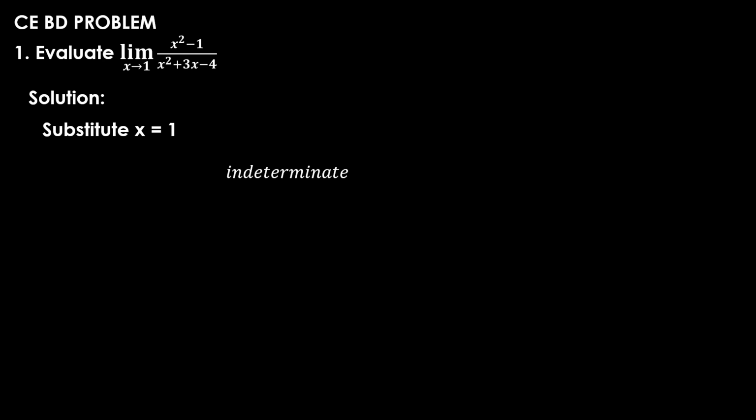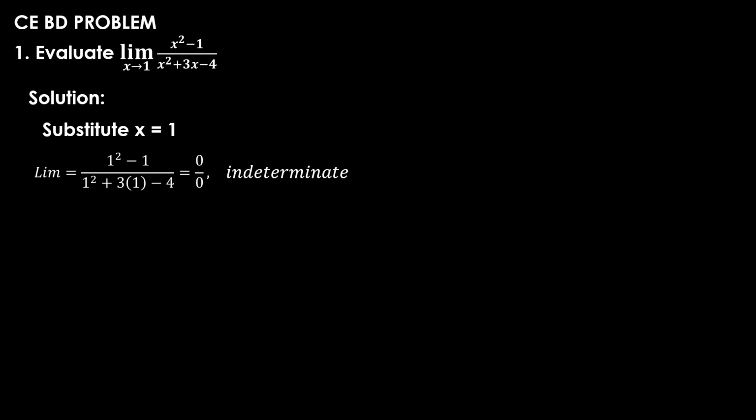Since in our given limit of a function problem, x is approaching 1, all we have to do is substitute the value of x, which is equal to 1, to our given limit of a function problem, x squared minus 1 all over x squared plus 3x minus 4.